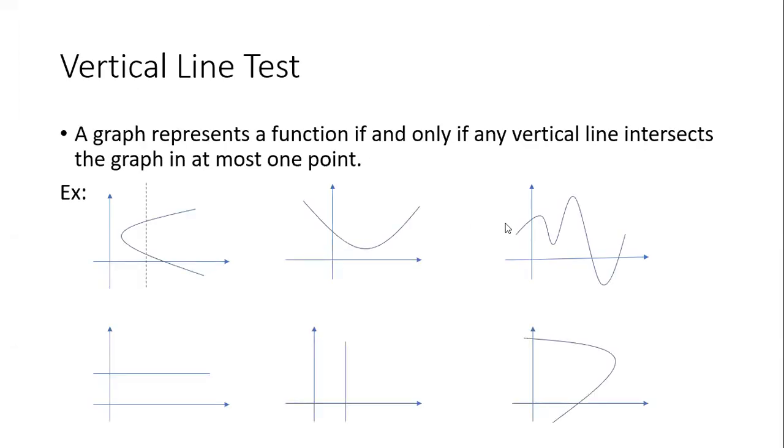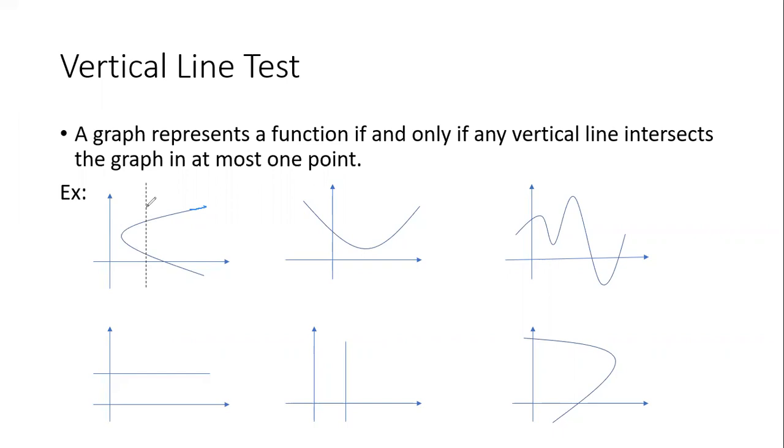Okay, vertical line test. A graph represents a function if and only if any vertical line intersects the graph in at most one point. That means if we consider this blue line here, and look at this dotted black line, this dotted black line is our vertical line.